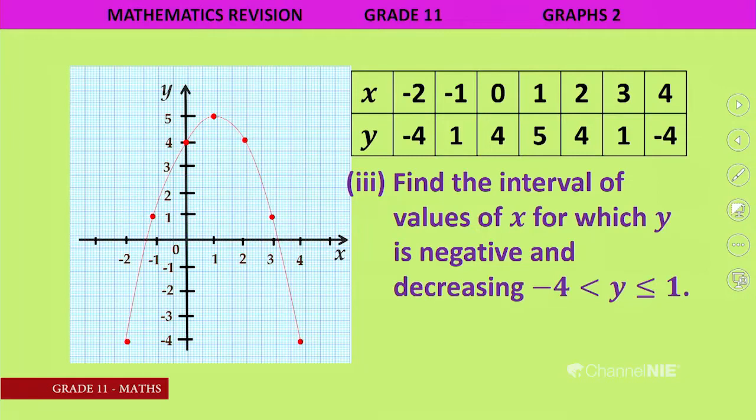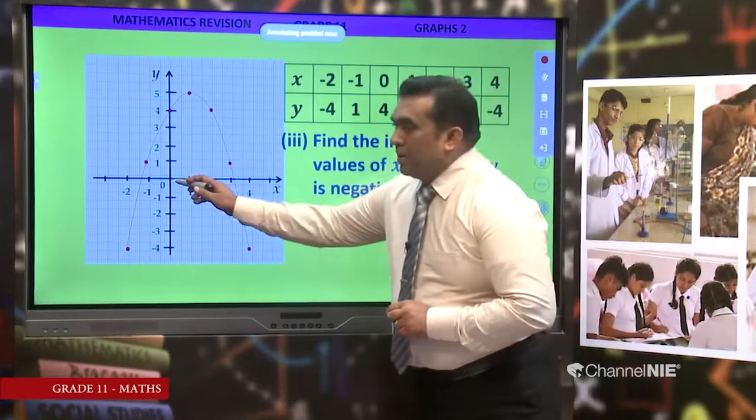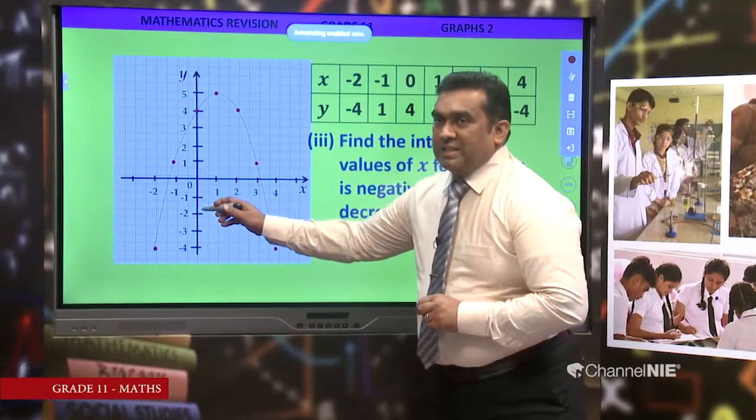Find the interval of values of x for which y is negative and decreasing. The condition is negative and decreasing. Negative means below the x-axis.